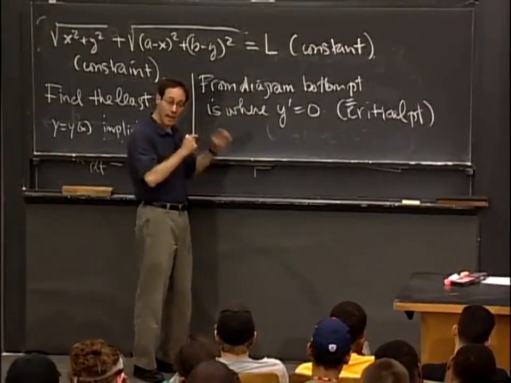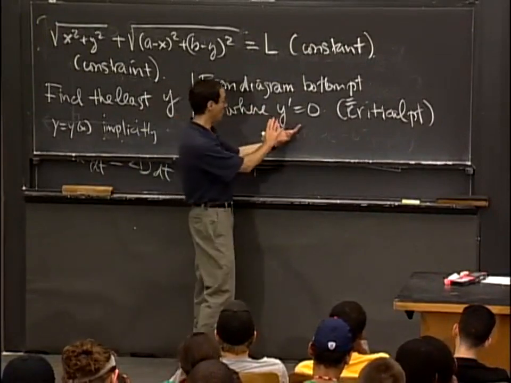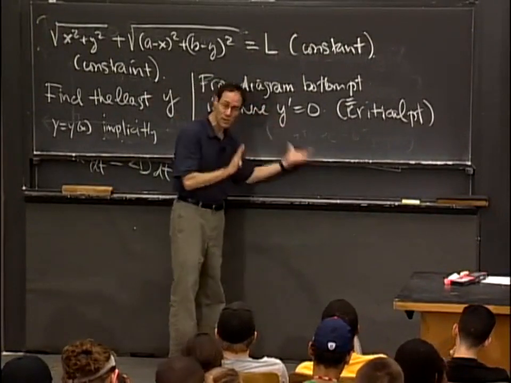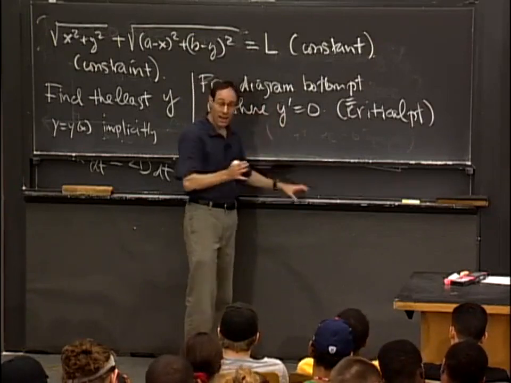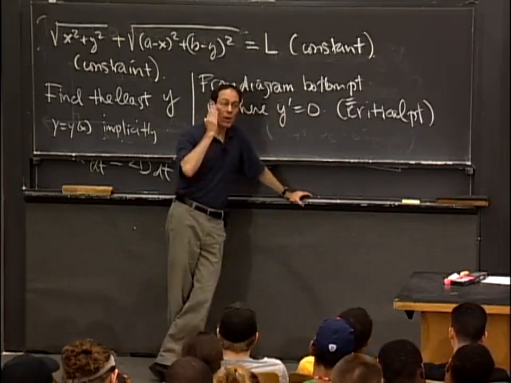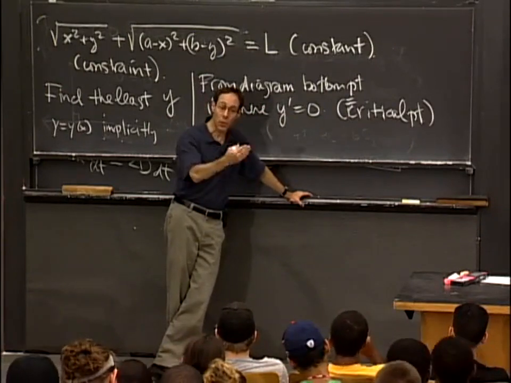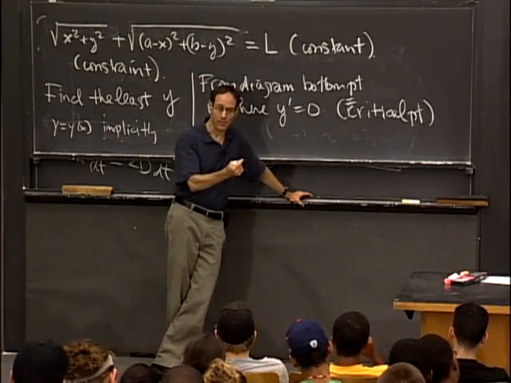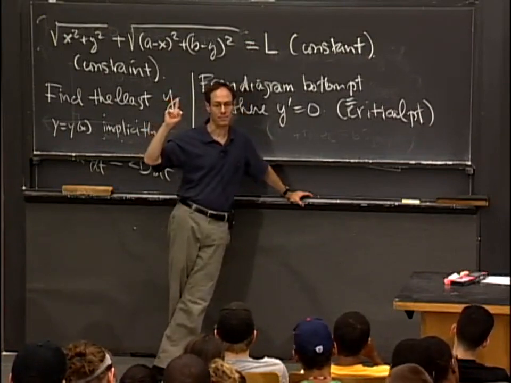The answer is yes, absolutely, and in fact I'm leading in that direction. I'm trying to make the following very subtle point, which is, when in maximum minimum problems, we always have to keep track of two things. Often the interesting point is the critical point. And that indeed turns out to be the case here, but we always have to check the ends.